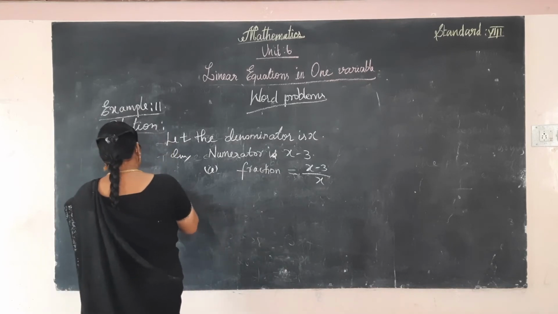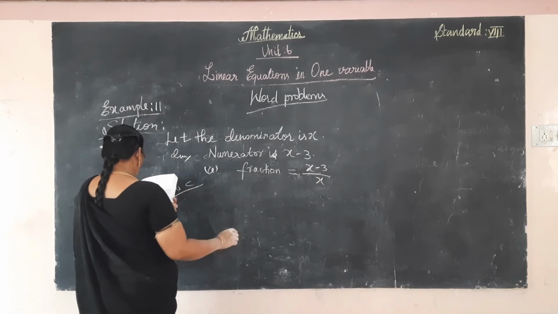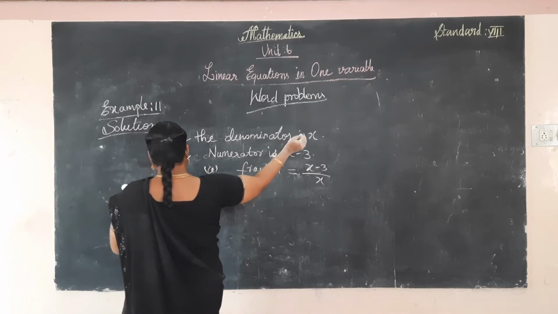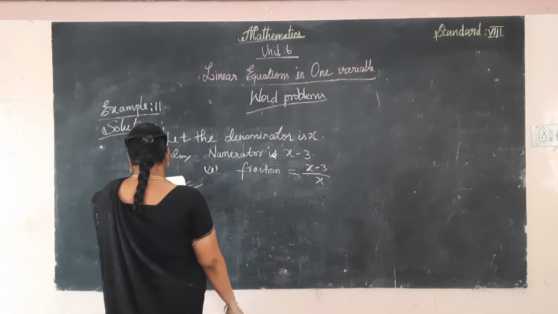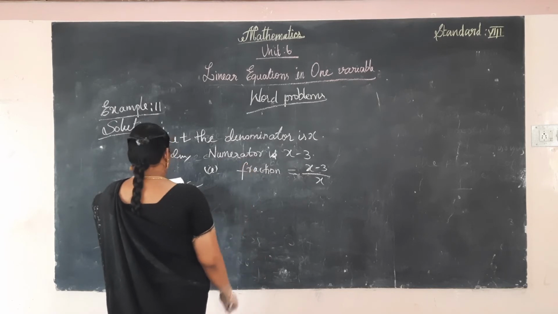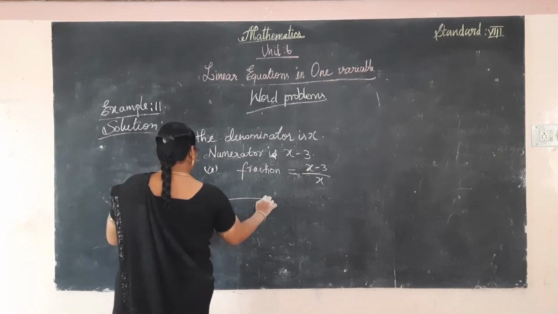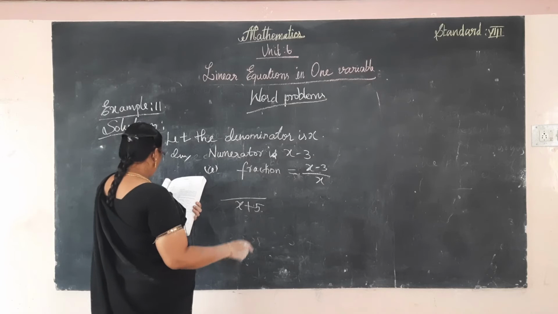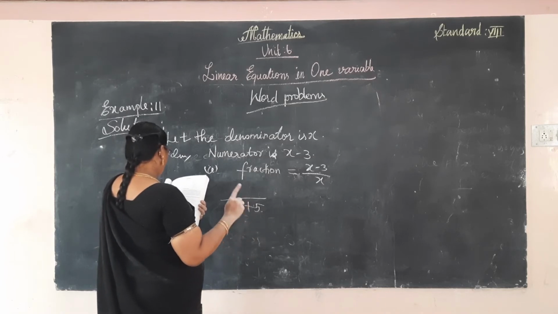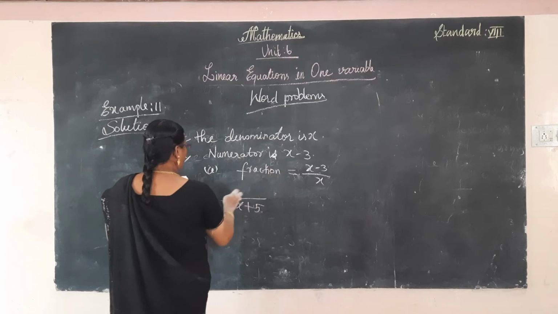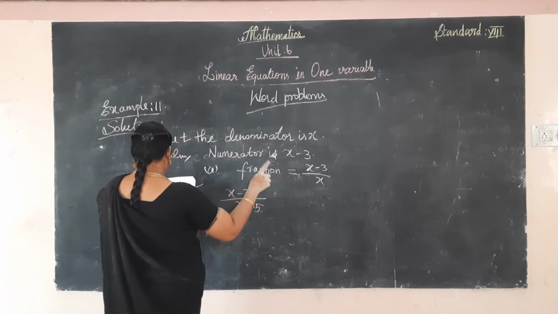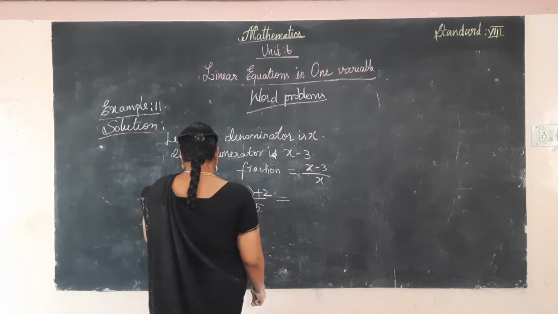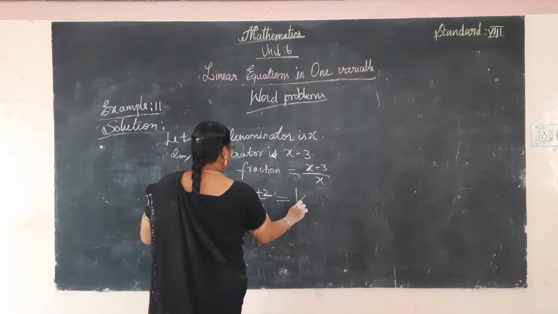Next, according to the condition, what is given? If the denominator, x, is increased by 5, and the numerator, x minus 3, is increased by 2, so added with 2, it becomes 1 by 2.